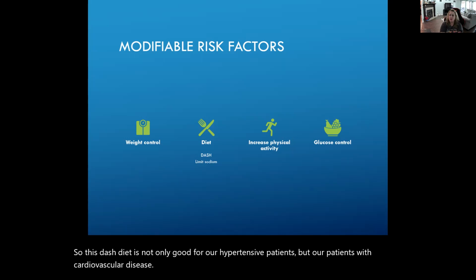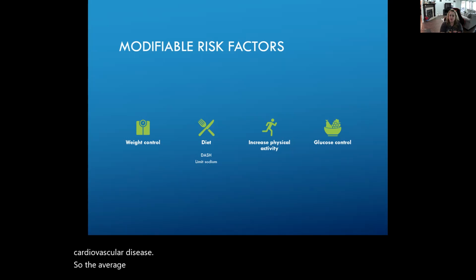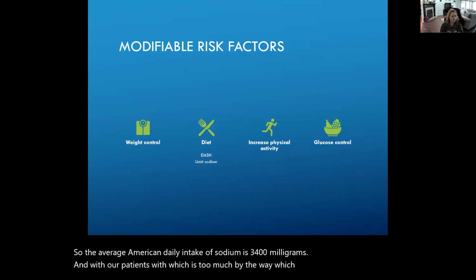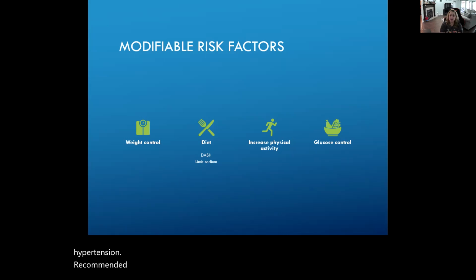The average American daily intake of sodium is 3,400 milligrams, which is too much, by the way, which is probably why so many of us have hypertension. But the recommended daily intake for a patient with hypertension should be limited to 1,500 milligrams daily.